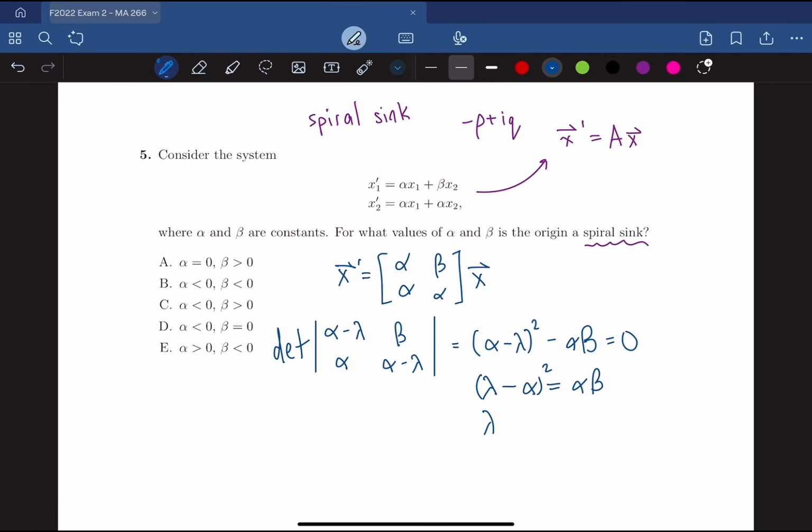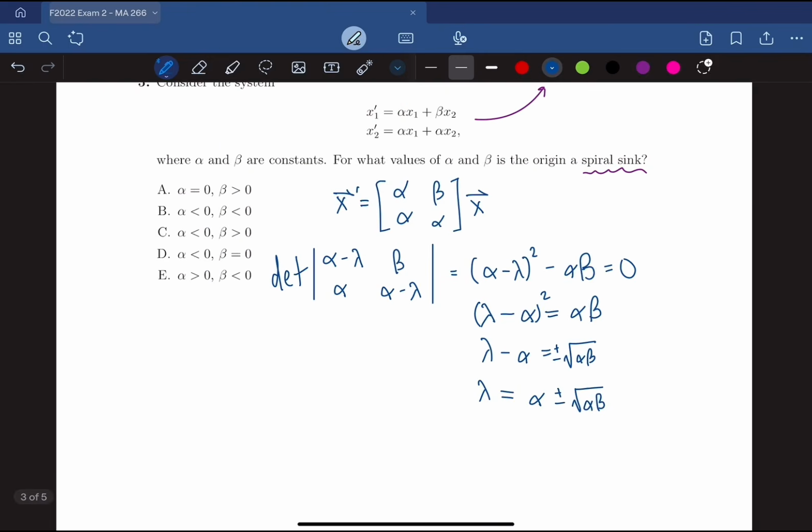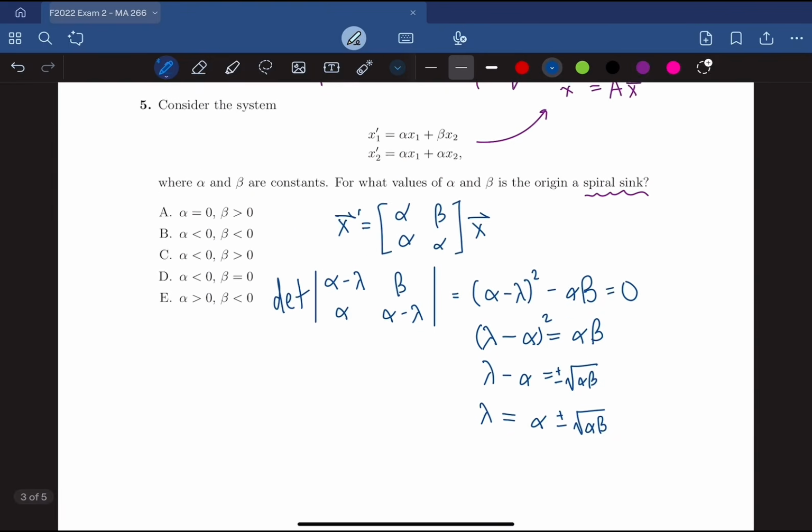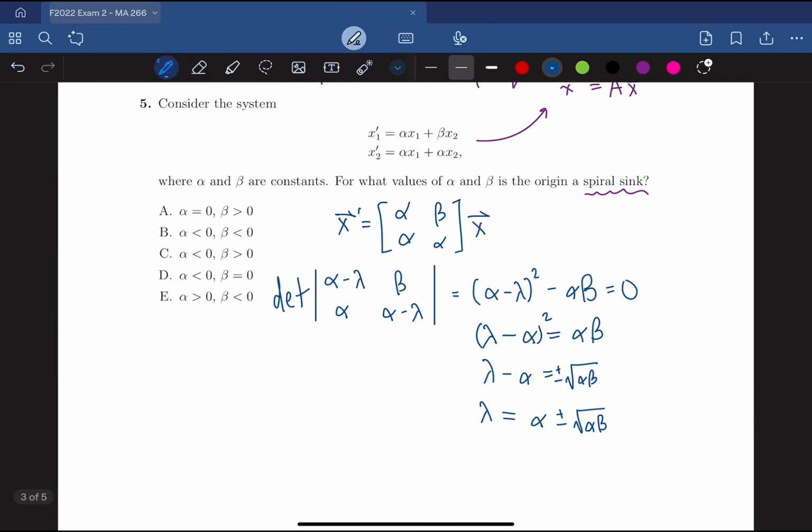Take the square root of both sides, plus or minus. And then I'm going to add an alpha. So we finally have our eigenvalue. Our eigenvalue is alpha plus or minus root alpha beta.